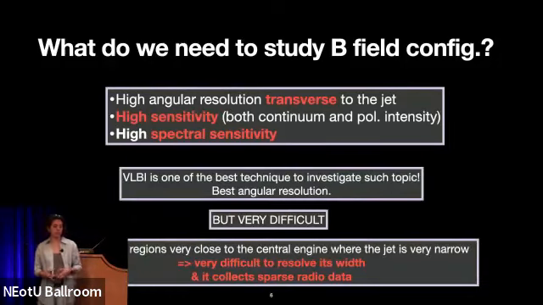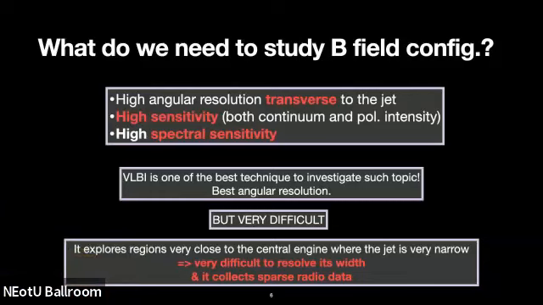So the best technique so far to investigate this topic is VLBI, because it gives us the best angular resolution. Nevertheless, it's very difficult because it is difficult to resolve the jet width and it collects sparse radio data.